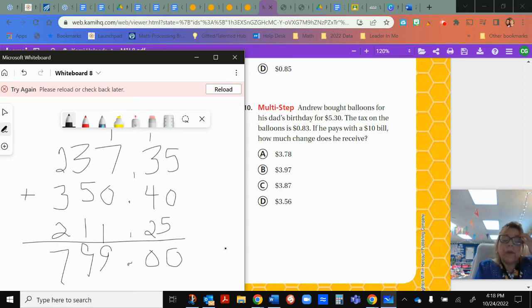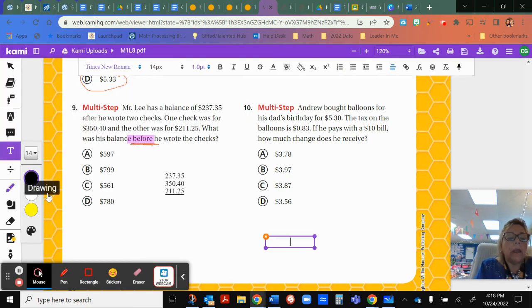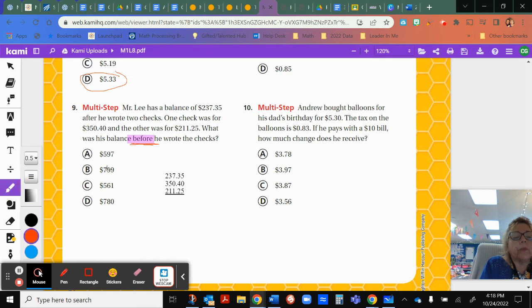So she started off with $799. So I'm going to go ahead and circle that one blue. So that was a start. This was the ending balance. I'm going to put EB for ending balance. And this was a check, CH, and a check. So this was a start.